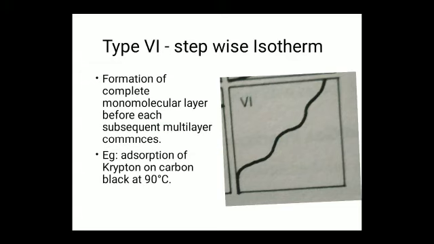This type of isotherm is associated with the formation of a complete monomolecular layer before each subsequent multilayer commences. The isotherm shows a distinct step corresponding to the complete formation of each monolayer.